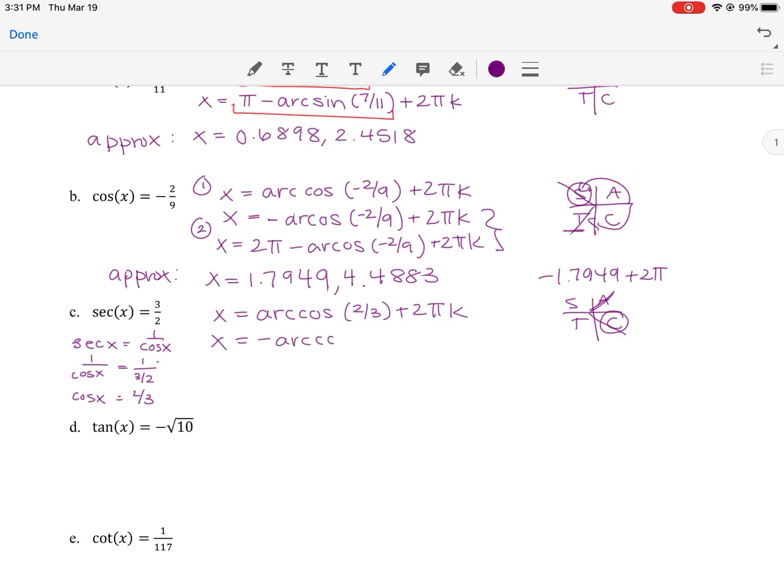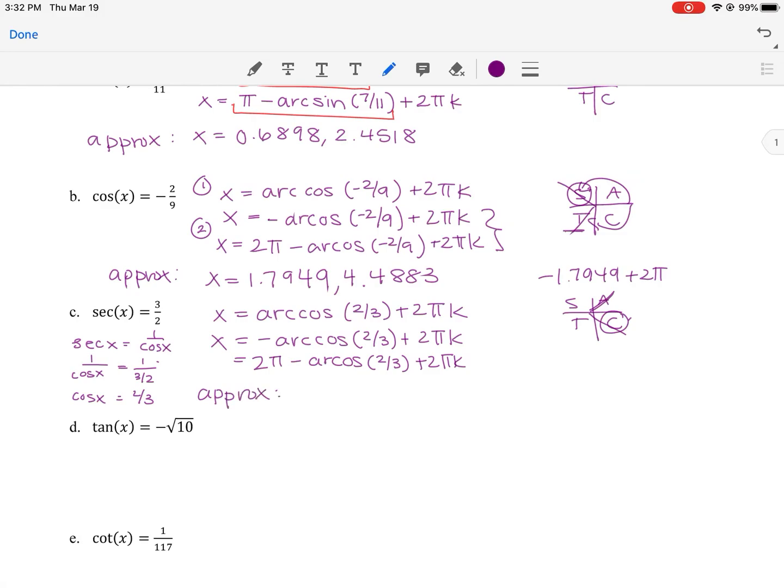I could just take the negative one, and then that will be in the fourth quadrant, right? Plus 2 pi k. Or an equivalent statement to that is, hey, I can take the whole 2 pi and subtract that little angle. So 2 pi minus arc cosine of 2/3 plus 2 pi k. And that's two ways to write an equivalent angle for that second one.